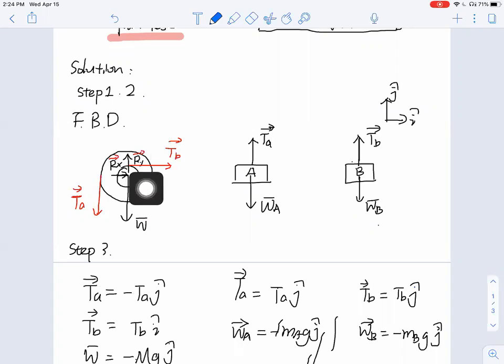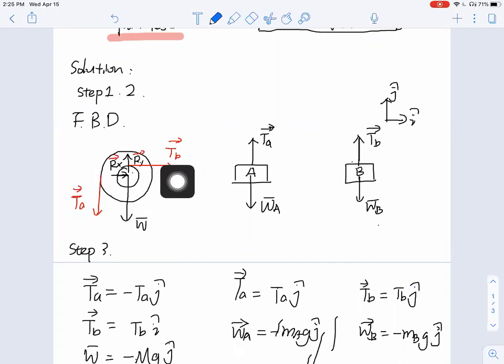And if we use that point O to analyze our movements, we can get rid of Rx and Ry since they're both passing through the point O, as well as this weight force. So at first sight, we know that these three forces would not cause any movement, so we don't have to worry about them. The only two forces that will cause movement about point O would be TA and TB.